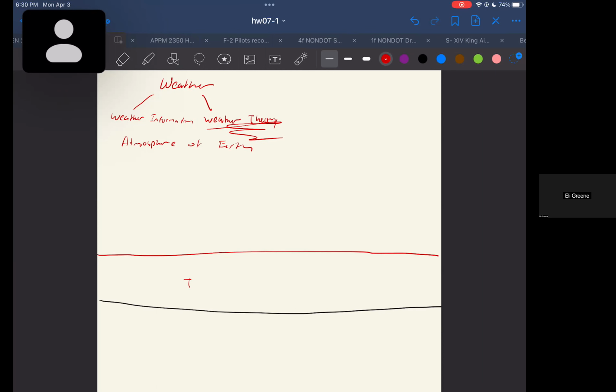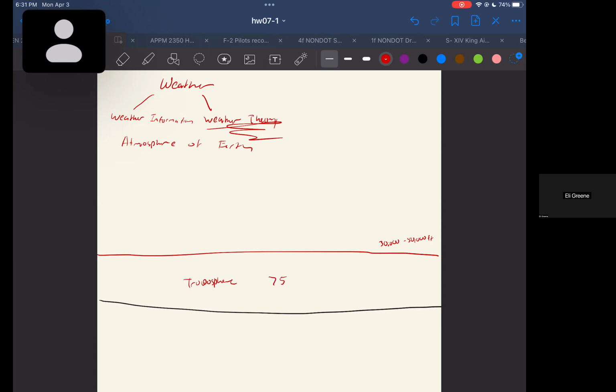The troposphere is going to go from the surface to about, well, it depends on conditions, but somewhere between about 30 and 50,000 feet. So the troposphere is somewhere up here. And the troposphere has 75% of the mass of the atmosphere, because that's where all of the high density air is.